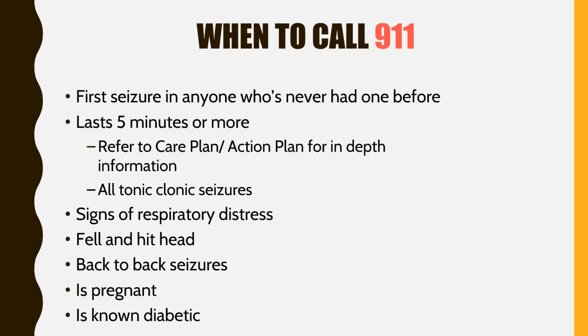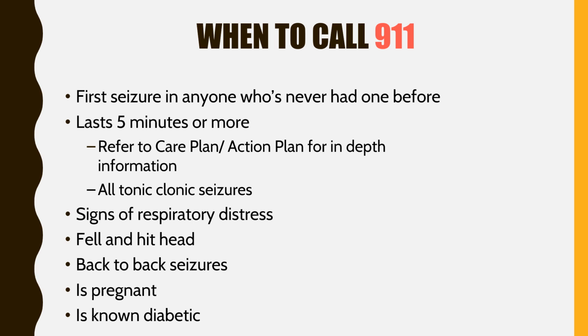When to call 911. A first seizure in anyone who's never had one before. A seizure lasting 5 or more minutes. Refer to their care plan, action plan for in-depth information. All tonic-clonic seizures.